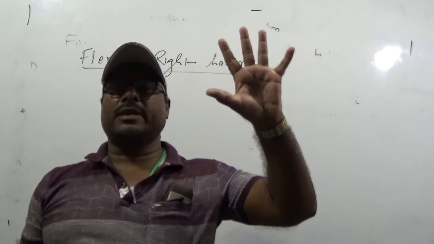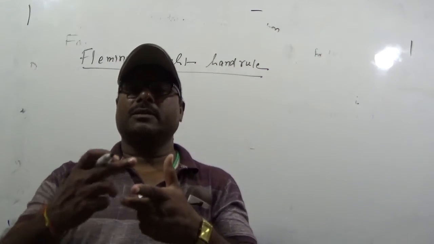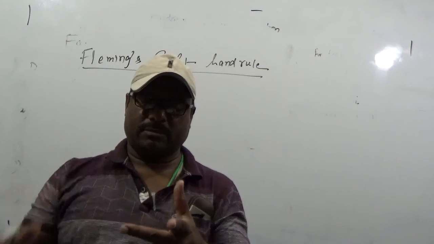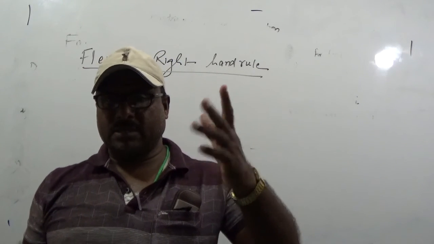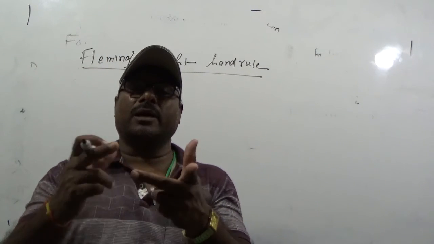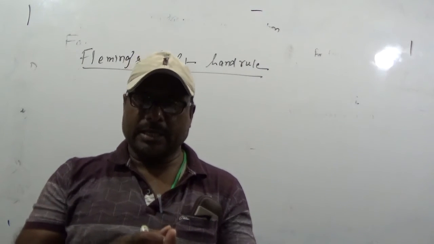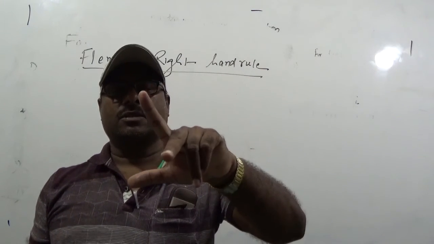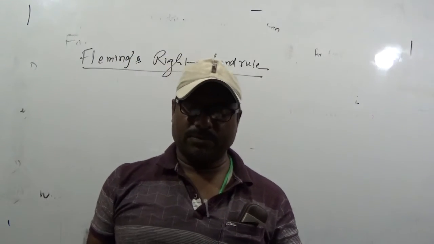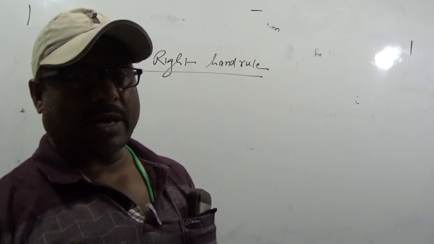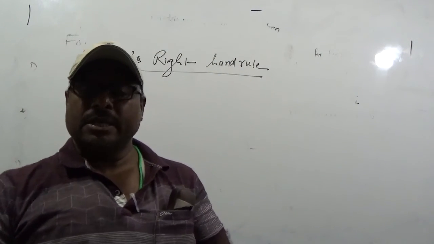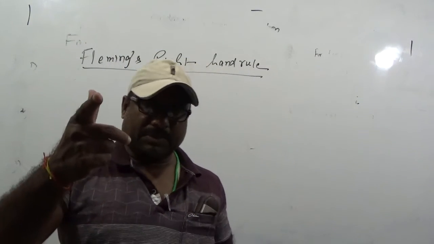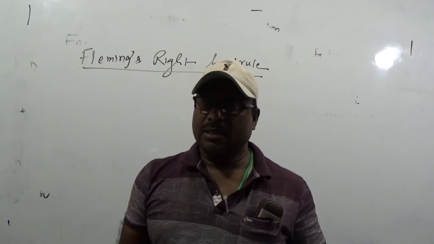The left hand: forefinger, second finger and thumb of the left hand are stretched in such a way. I think if you have memorized, you can memorize it. Then if you can memorize the Fleming's left hand rule, it is very easy to learn the right hand rule.